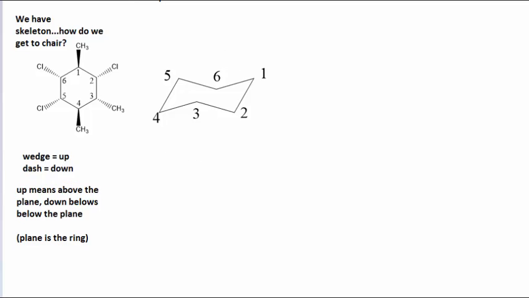So, very important point to make here. At the one position, this is axial and this is equatorial. We would call this up because if this is the plane of the ring, it is located above, and we call this equatorial substituent down. Similarly, if we go over to the 4 position, axial would look like this, and equatorial would look like this.